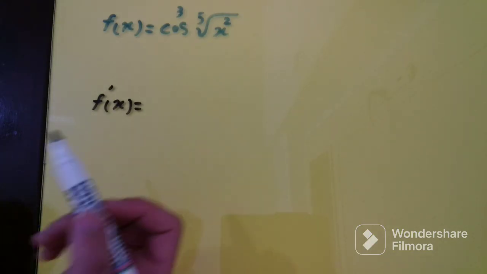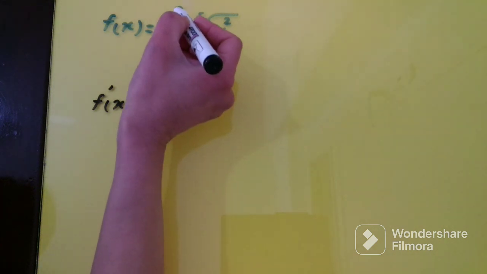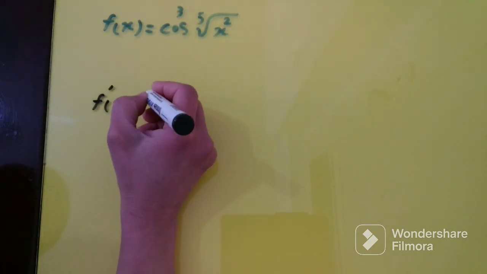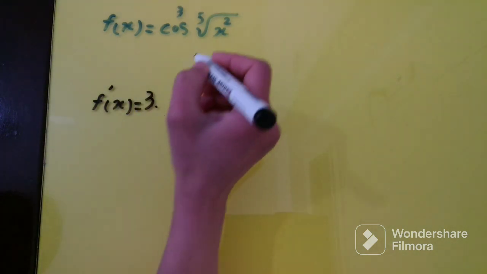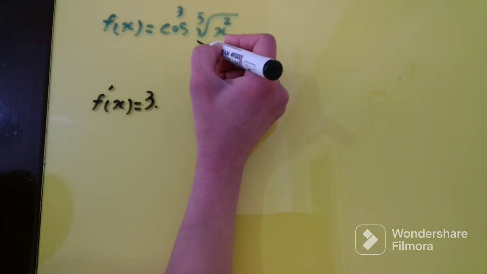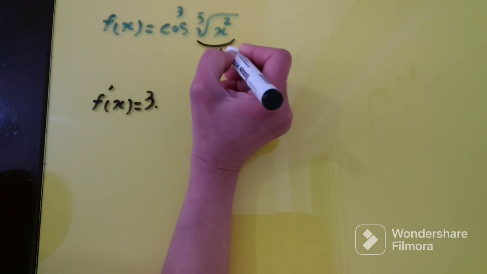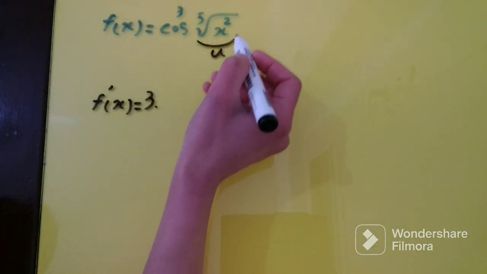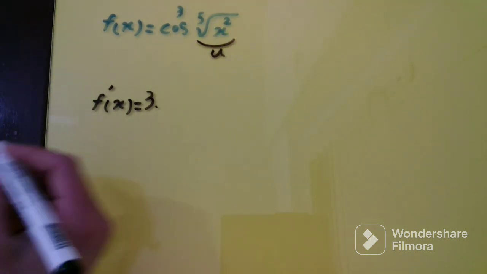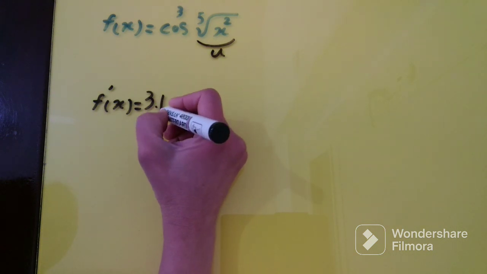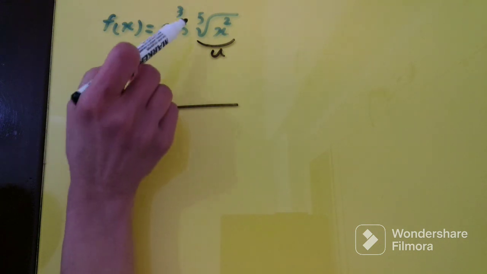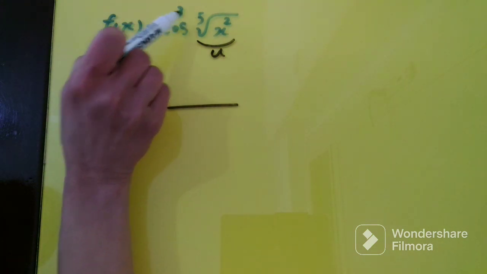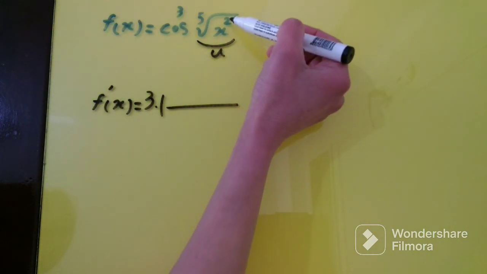Okay guys, for getting the derivative of this trigonometric function, first you should bring the power down. It's 3 times. Now you should get the derivative of u. As u is a radical function, so according to the rule, m is 5 and n is 2.